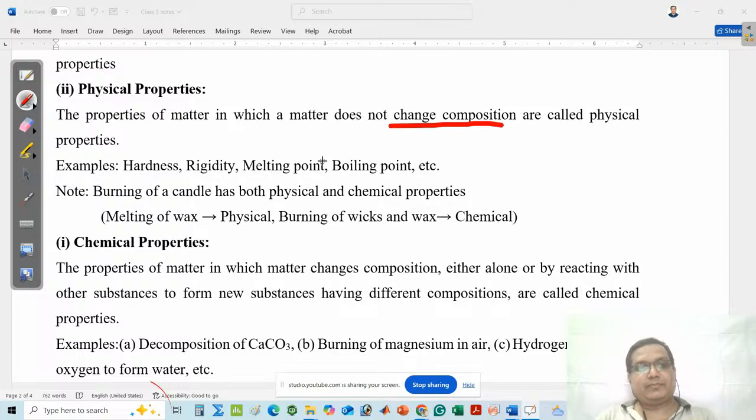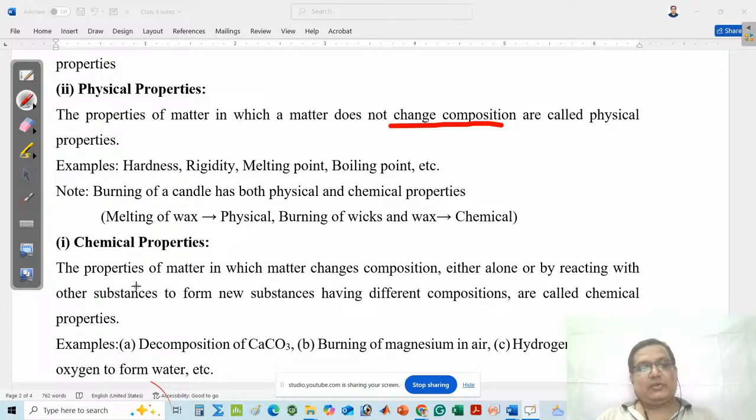If a matter undergoes a change in composition during a reaction, then such a property of the matter is said to be chemical property. If its composition does not change, that is said to be physical property. So the property of matter in which the matter does not change composition is called physical property.